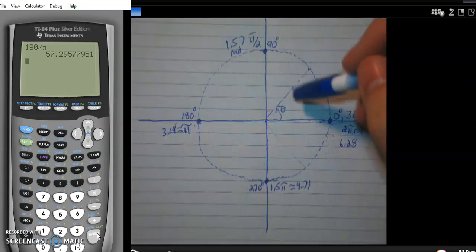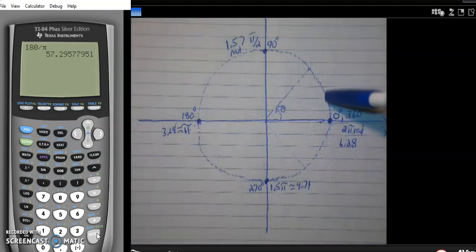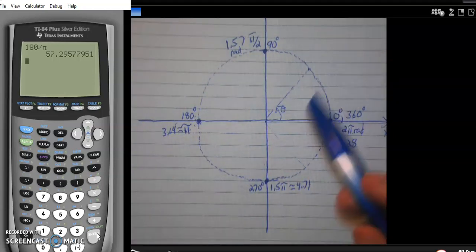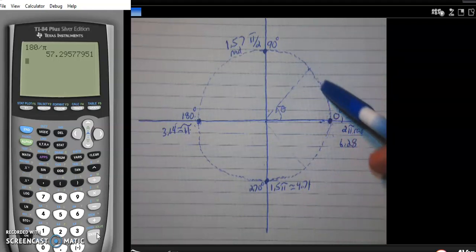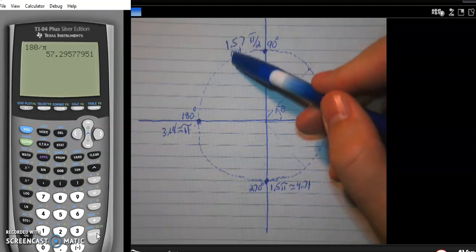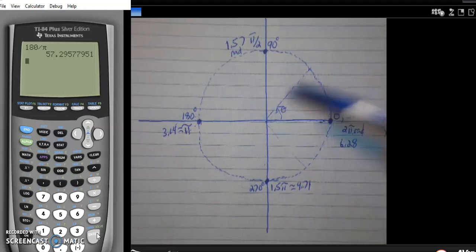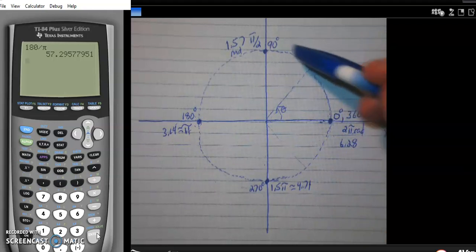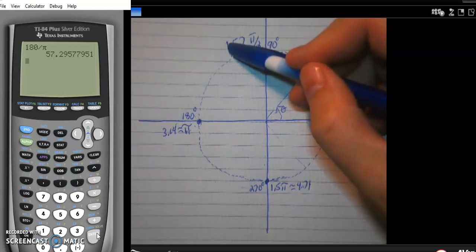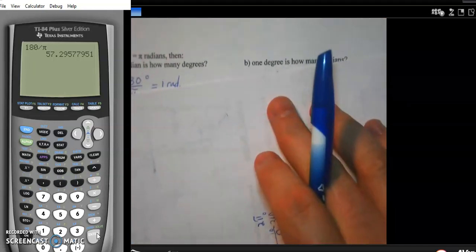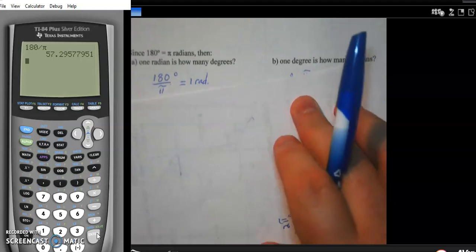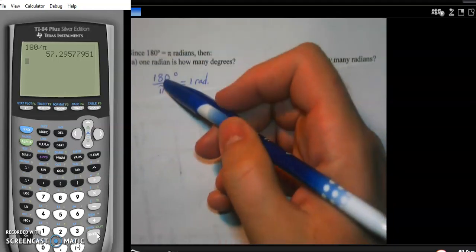And remember, what a radian is: the length of the arc on the circle is equivalent to the radius of the circle. So that's an angle measure of 1 radian. 2 radians, so 2.0, would be over here, and that would be putting 2 radians, or 2 radii, on the circle. Okay, so 1 radian is about 57.3 degrees, or 180 degrees over pi.